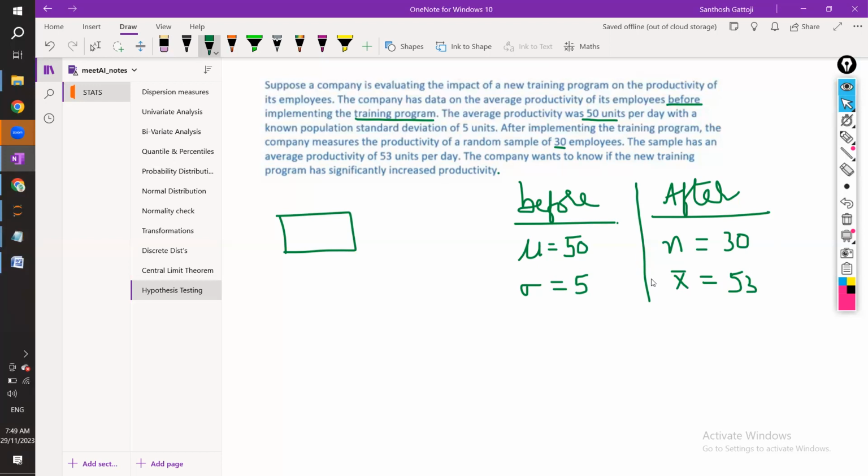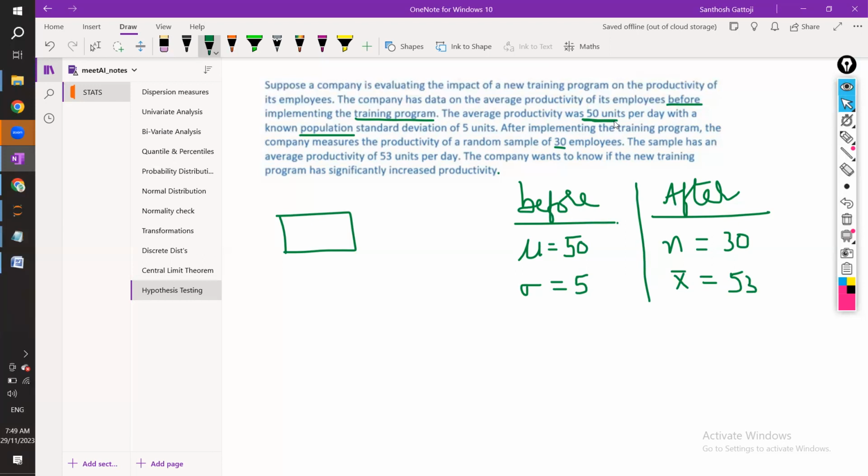So here, one thing you need to understand is, before the program, they have considered the complete population. Agree? 50 units per day with a known population. That means the mean is 50 before the program.